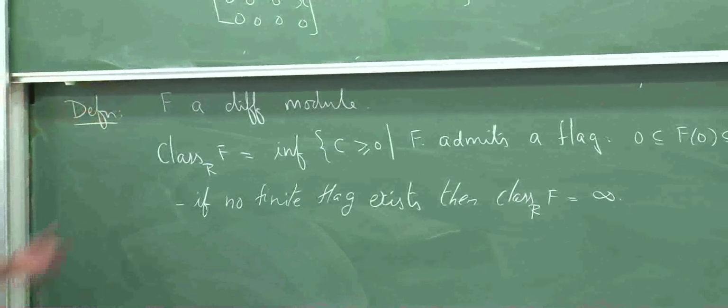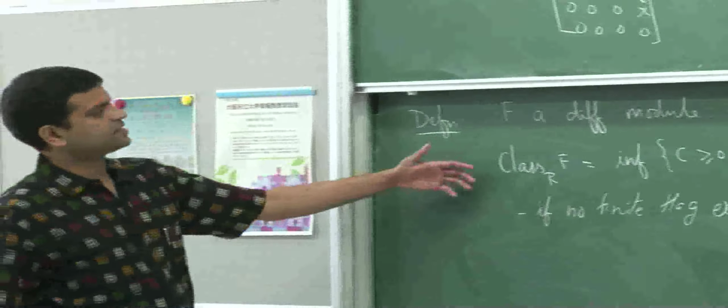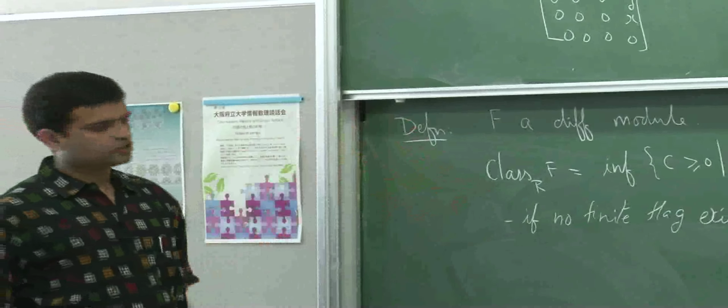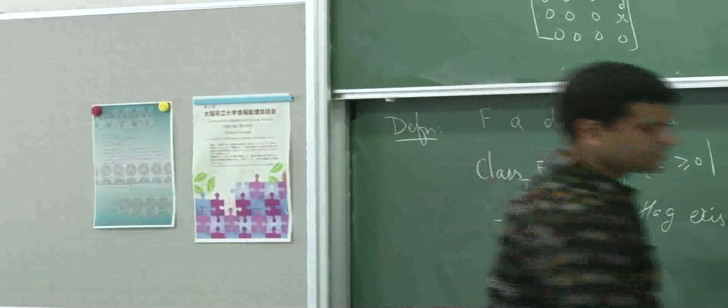So the differential modules of finite class are the analogues of the perfect complexes.